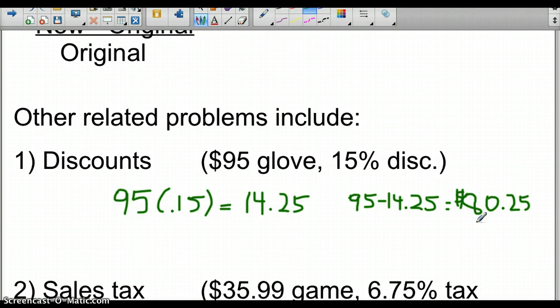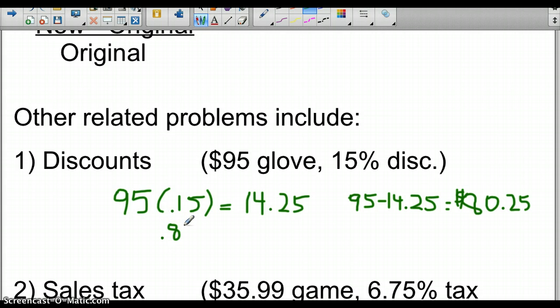Another way you can do those is take the discounted amount into effect right up front. So if it's a $95 glove and we get a 15% discount, ask yourself what percentage of the glove are we still paying for then? We know that $95 is 100% of the cost of the glove. If we're taking a 15% discount, we can go right up front and say, okay, we're only paying for 85% of the glove.